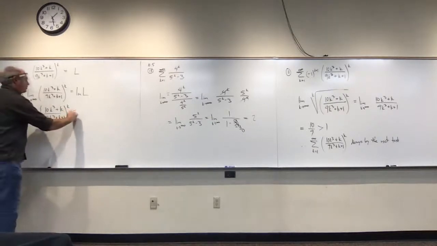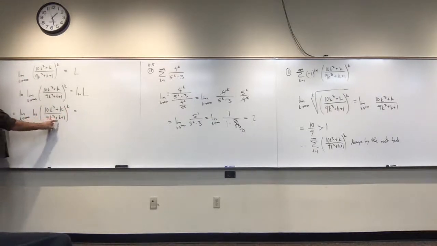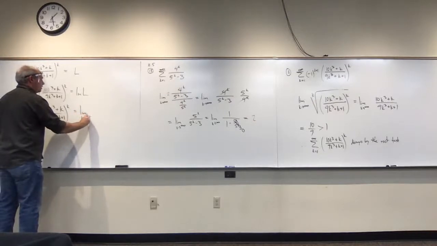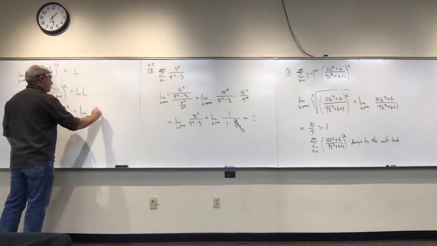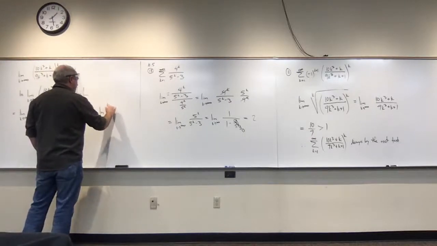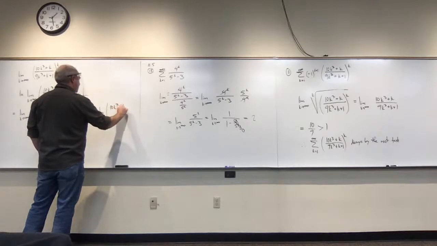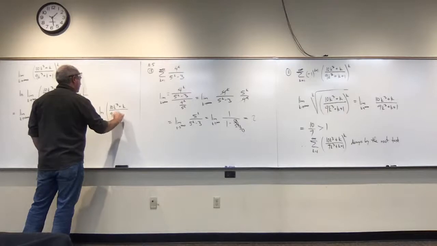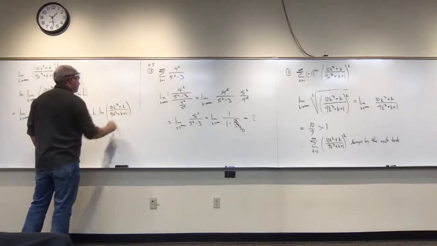Since it's ln of something to a power, I can pull the power out in front. I can write this as the limit as k goes to infinity of k times ln of (10k cubed plus k) over (9k cubed plus k plus 1).